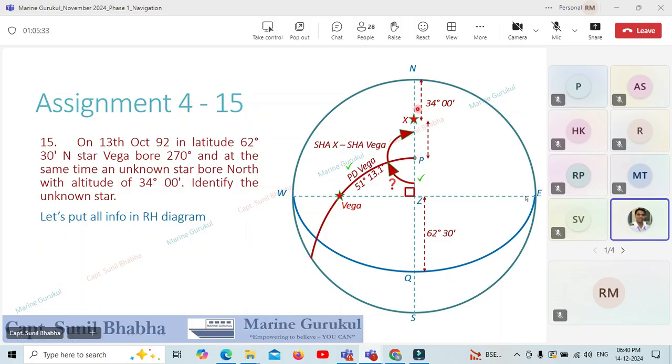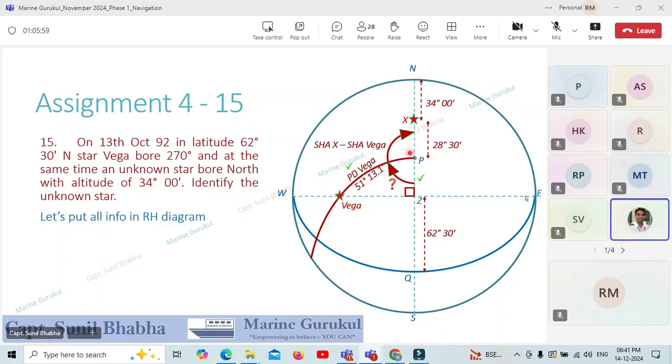November to X-ray, which is the true altitude of the star, is 34 degrees 00 minutes. So I can now easily find out the difference between them. It is going to give me Papa X-ray, Px. So in this case, the Px is going to be 28 degrees and 30 minutes. It is Np minus Nx.